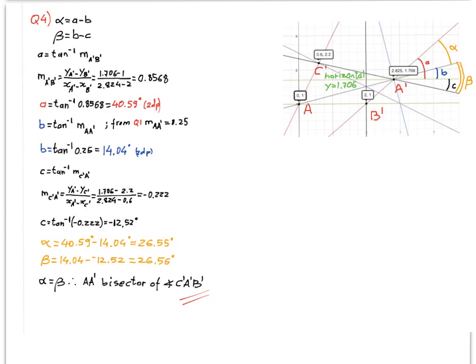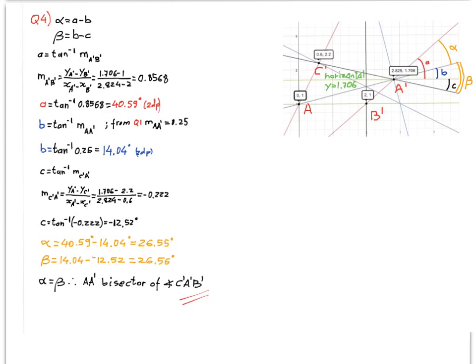Now, angle alpha is equal to angle A minus angle B, and angle beta is actually angle B minus angle C, this being underneath the horizontal line.